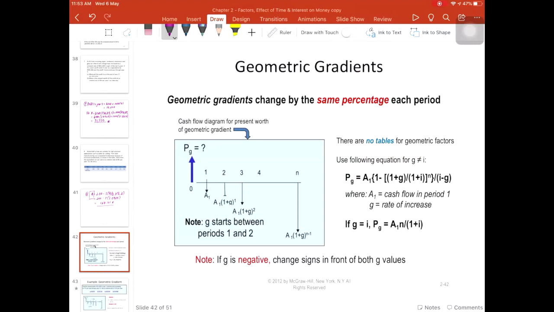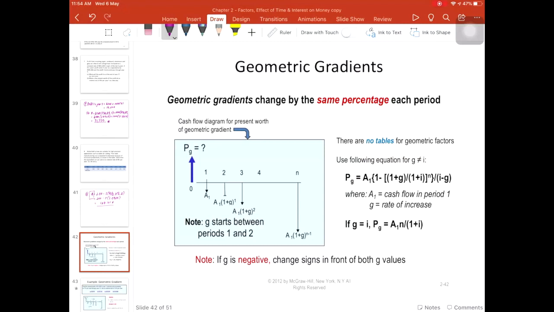But you have to remember that for the geometrics, you have no tables. Okay, you have to use the formula. But don't worry about the formula. You will be given the formula in the exam or test or quiz. But you have to know how to use it.